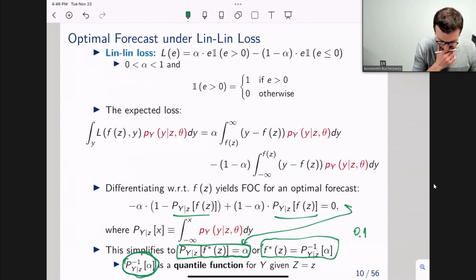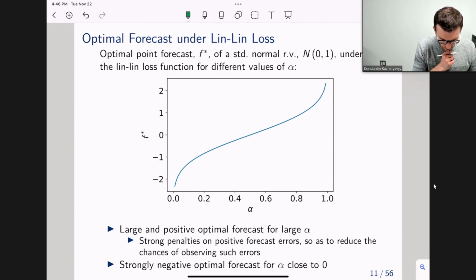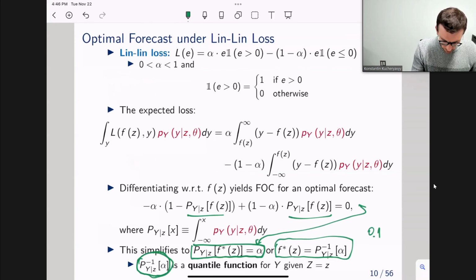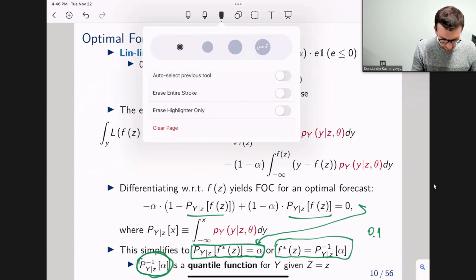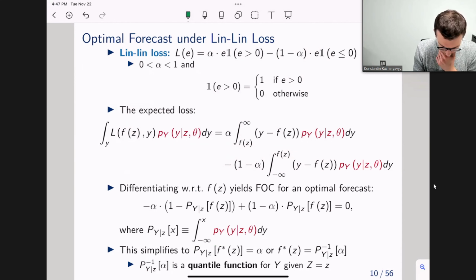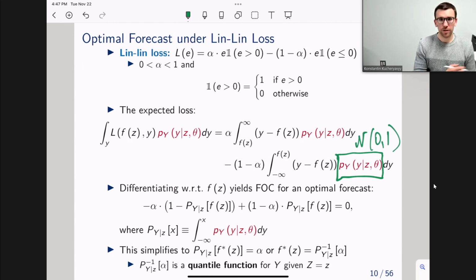Now, let us look at an example, which we never know in reality, but just for the sake of an example, suppose we know this object, and suppose it's just a normal distribution with 0 mean and variance 1, just to see how it works.